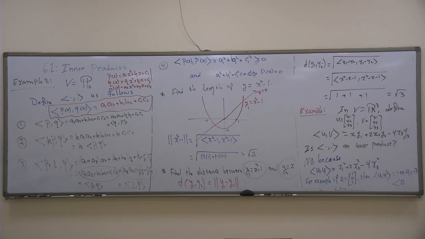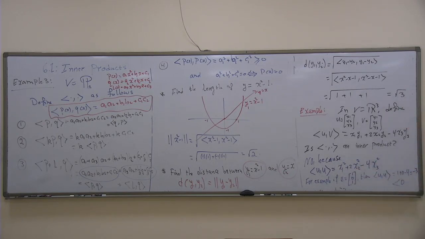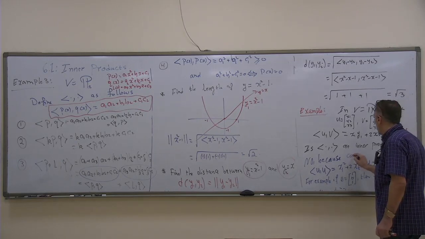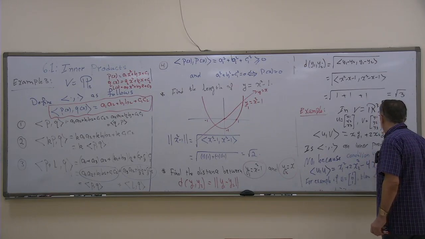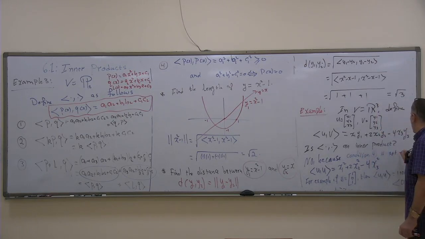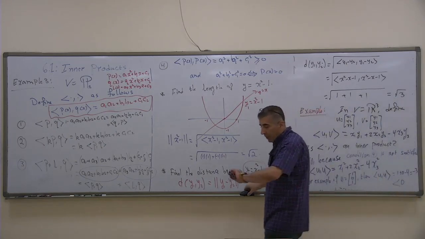It's negative. So condition 4 is not satisfied. Okay? So condition 4 here is not valid, so this is not an inner product. Okay? All right. One more example here.